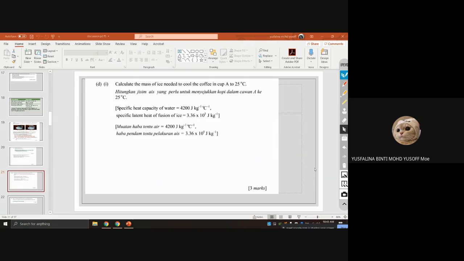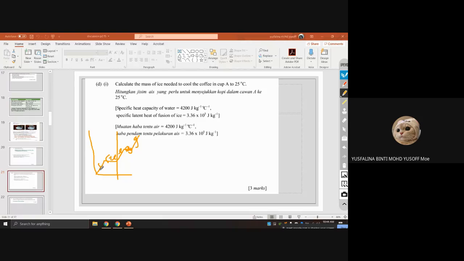If you know the graph, for the ice to melt, let's say this is the graph: solid, solid plus liquid, liquid, liquid plus gas, and gas. The ice starts as solid, then it melts and transforms to liquid. At this point, the ice is totally melted, meaning all of the ice has changed to liquid.